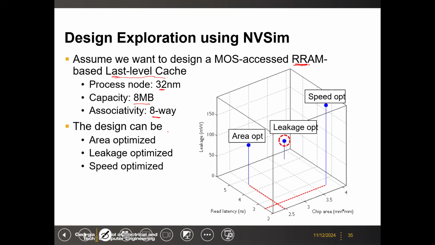So then you are going to look at the design options, or let's say optimization targets, whether you want to minimize area, leakage, or you want to improve the speed. So you can have different design points in this 3D plot, depending on the metric you are going to optimize for, like the latency, chip area, leakage, okay?